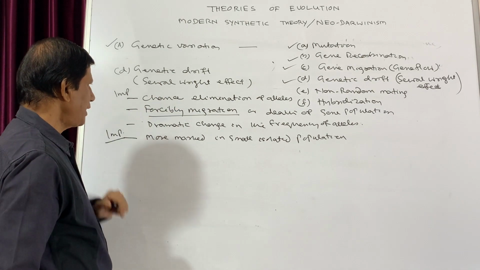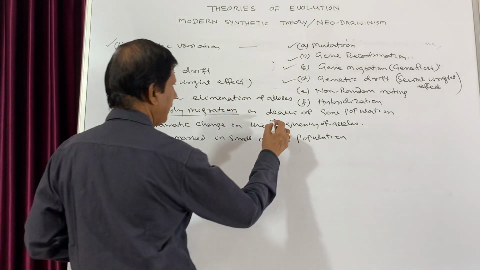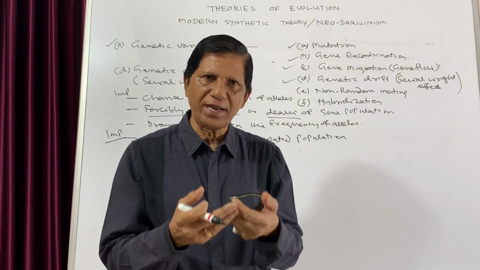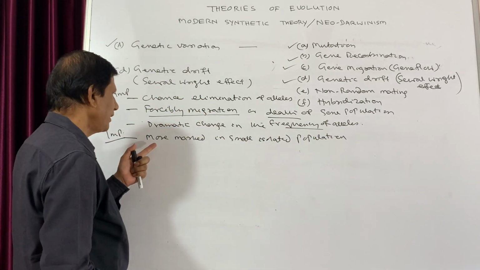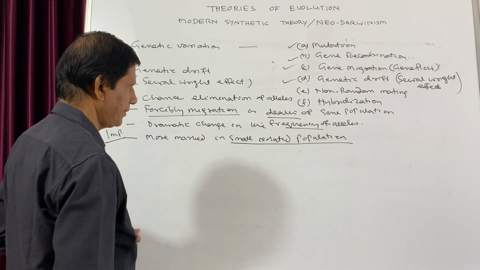It is chance elimination, because either due to force they will migrate, or there will be death of population, and due to this death or forcible migration, there will be a dramatic change in the frequency of alleles, and it is more marked in small isolated populations. This is very important.